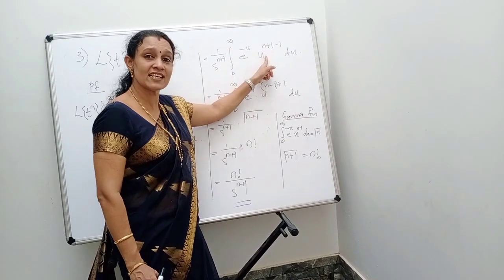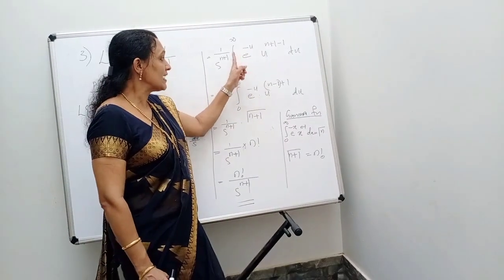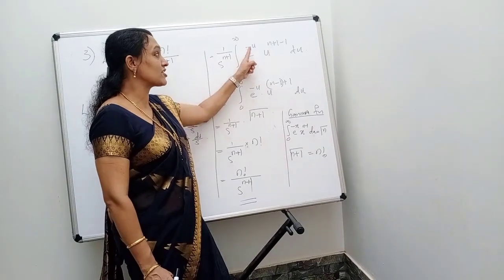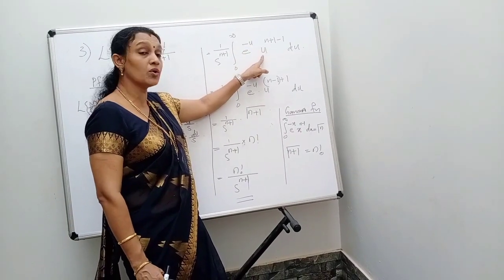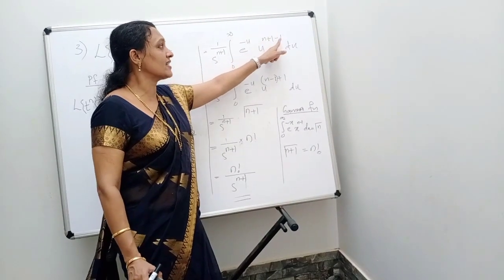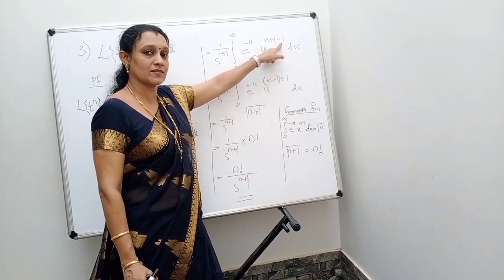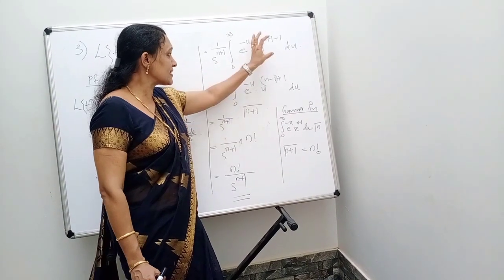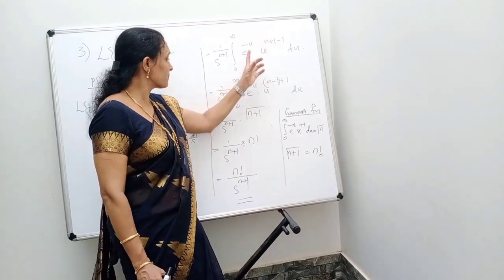You see what I did here? Just look at this step. Integral 0 to infinity e raised to minus u into u raised to n only we have, isn't it? And there I added 1 and the same one I subtracted. Now just a rearrangement.